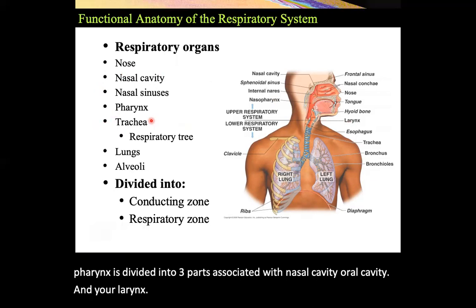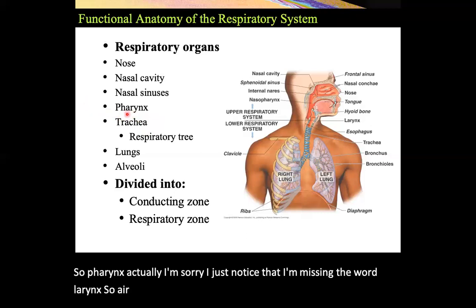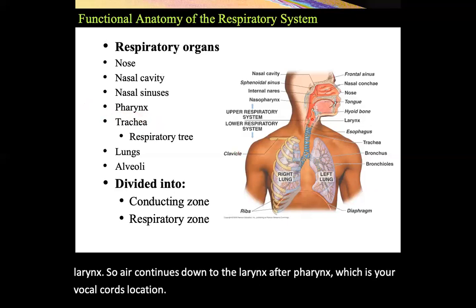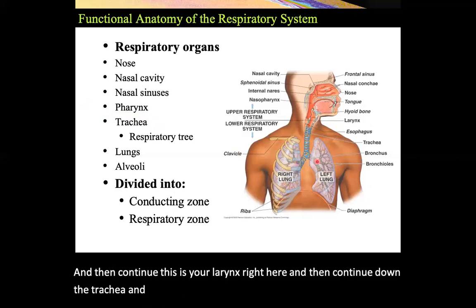Air continues down to the larynx after the pharynx, which is your vocal cords location. And then it continues down the trachea and eventually branches into the bronchi.